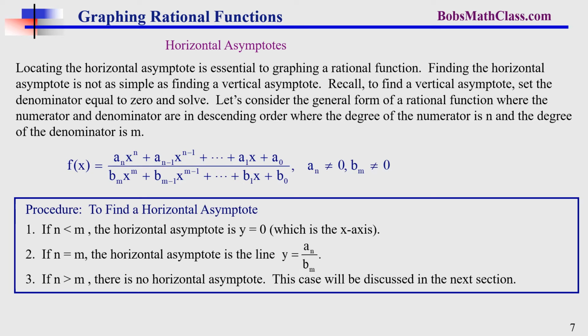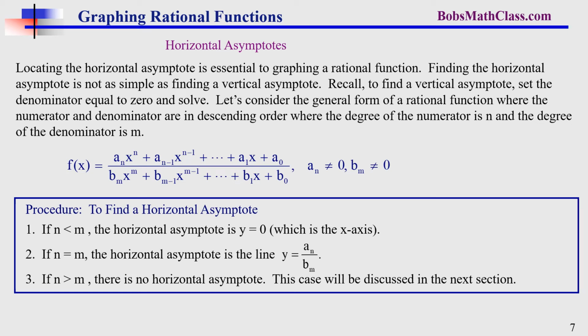Now, if the degrees are the same, so if n equals m, then the horizontal asymptote is the line y equals a sub n over b sub m. Basically, it's the leading coefficients: the coefficient of the highest exponent on top over the coefficient of the highest exponent on the bottom, assuming they're both the same exponent.